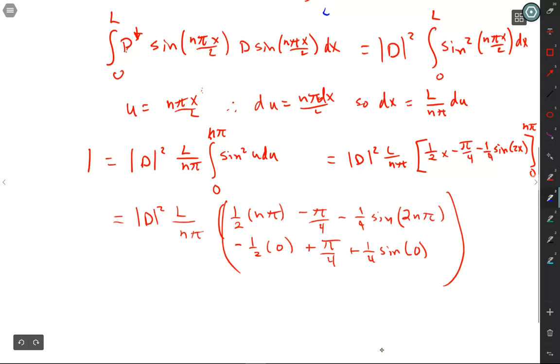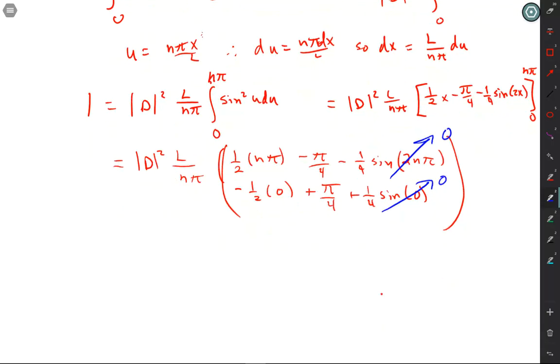But sine of 2n pi is always going to be 0. And sine of 0 is 0. And minus pi over 4 plus pi over 4 is 0. And 0 is 0. So I have D mod squared L over n pi times n pi over 2 is equal to 1.